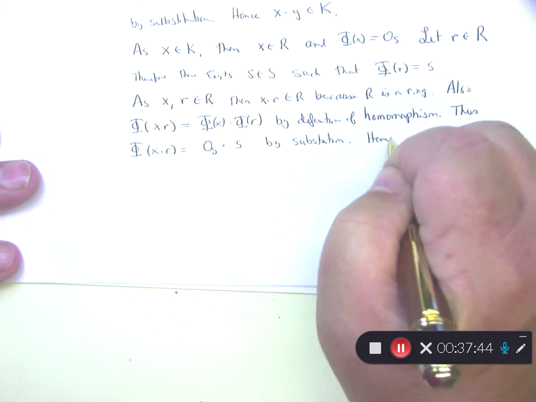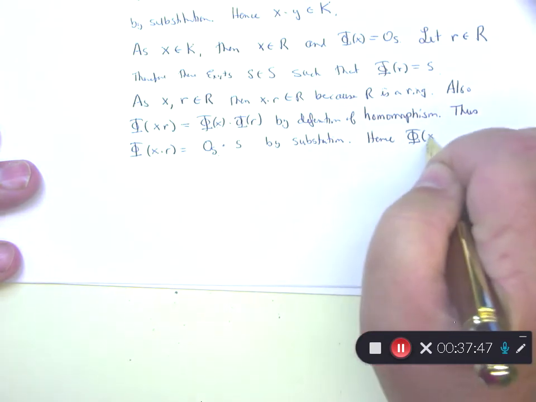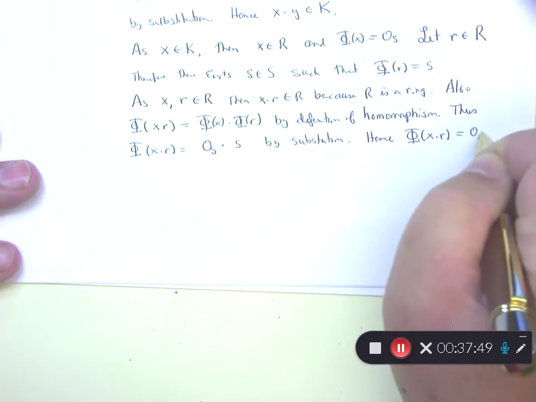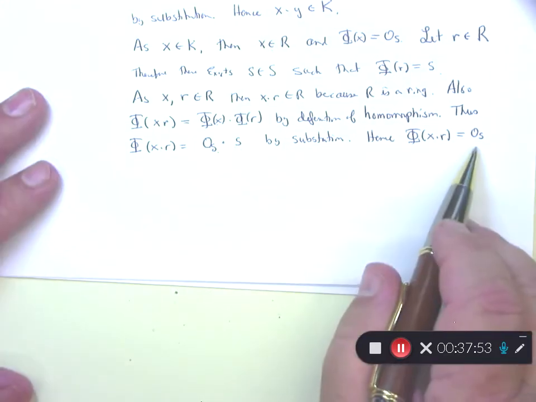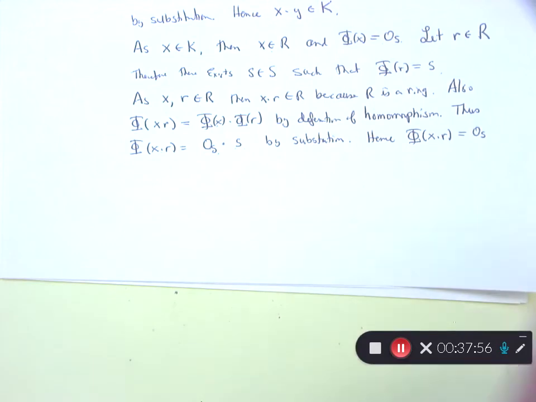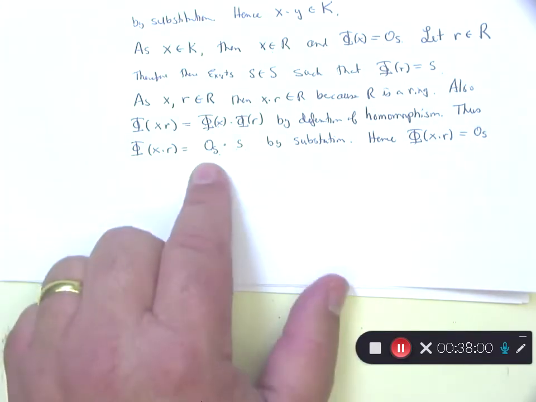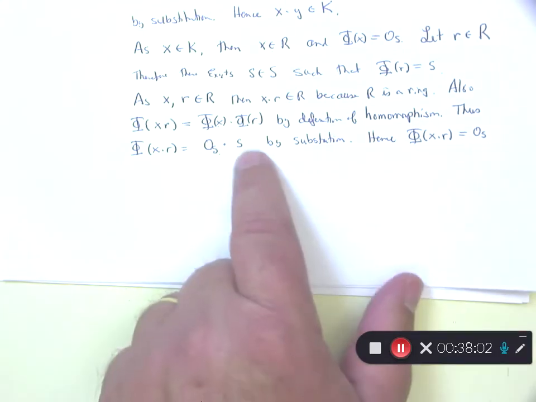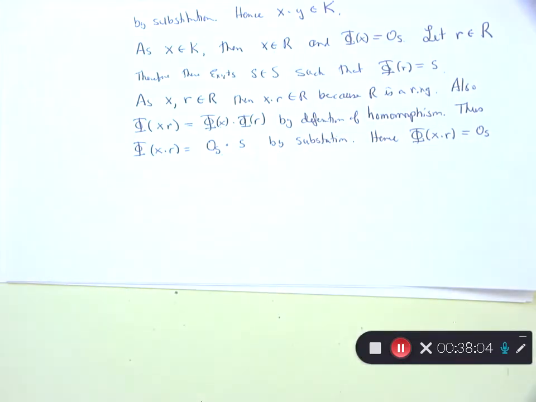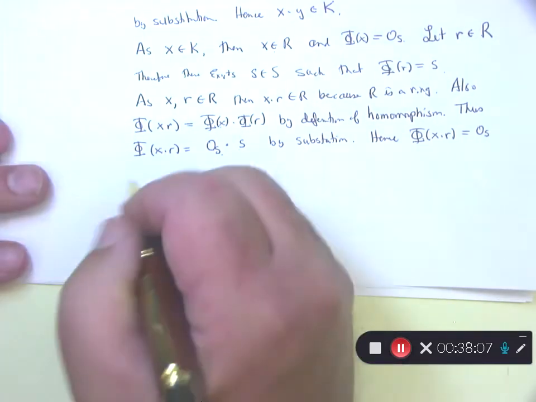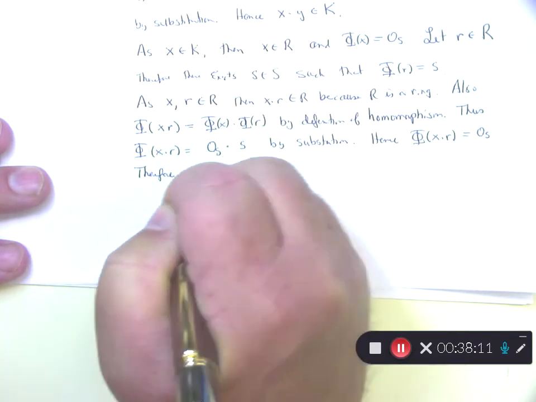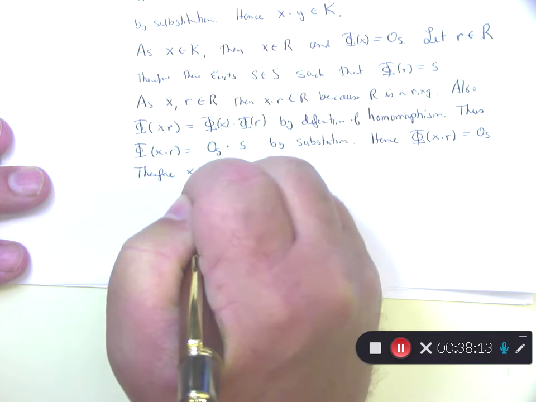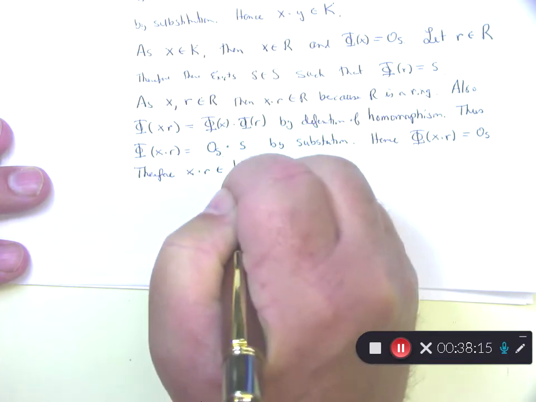Hence, phi of x times r is equal to 0 in S. 0 in S times any element of S is equal to 0 in S, and you really don't have to state the proper reason for that. It's property of 0 if you want to really put it in there. But 0_S times s is pretty much equal to 0_S. You can just put equal to 0_S by substitution and be done with that. Okay, therefore, x times r is an element of K.